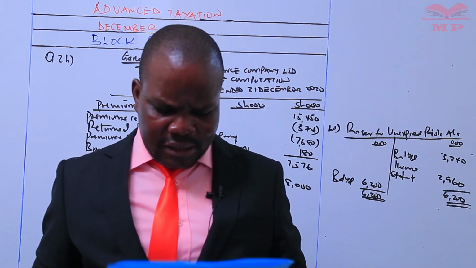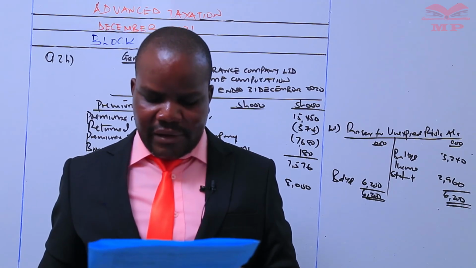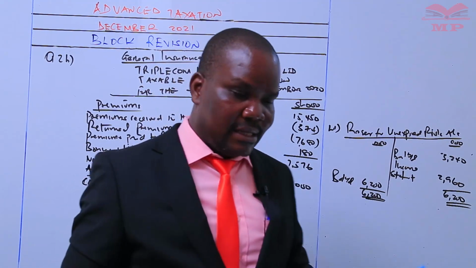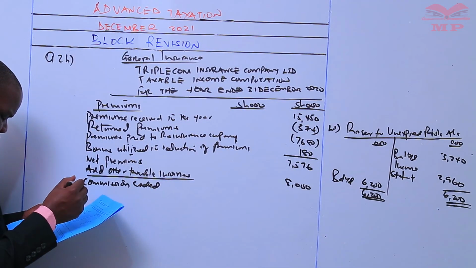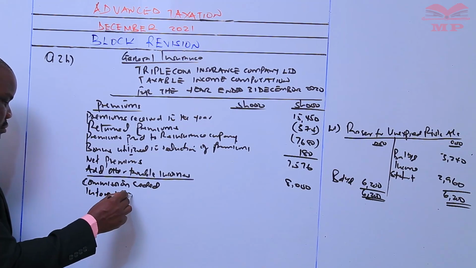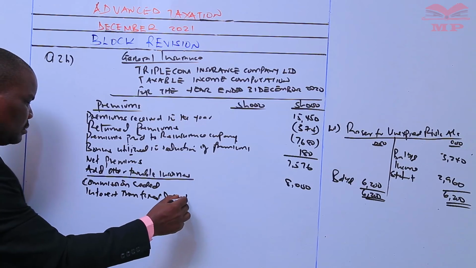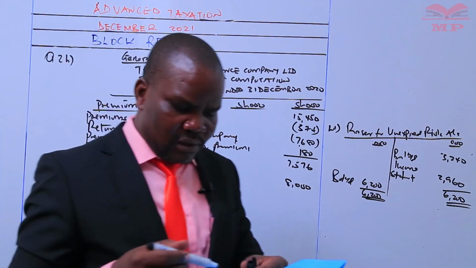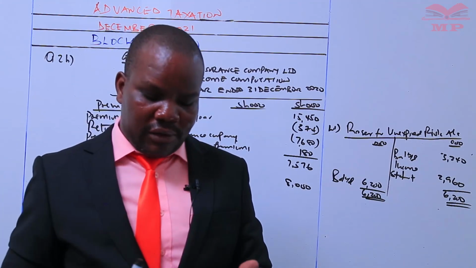Still on Note 6, we have interest from fixed deposit account of 780,000 shillings. That is an investment income which is taxable on an insurance company. So we write here interest from fixed deposit account. And we are told this was the amount received, 780. We only receive interest income net of withholding tax.